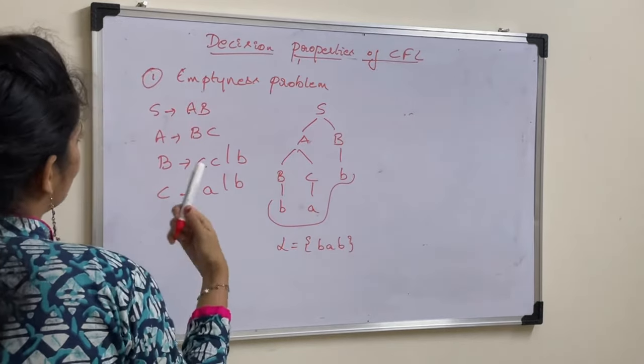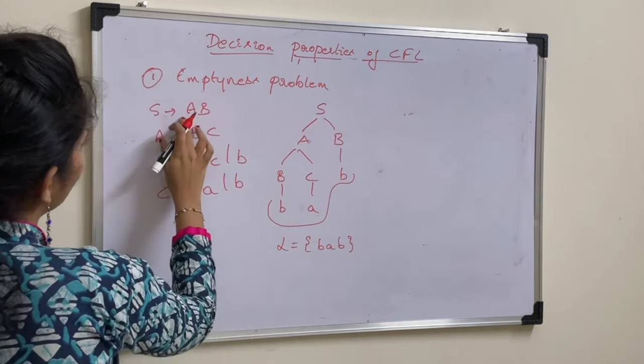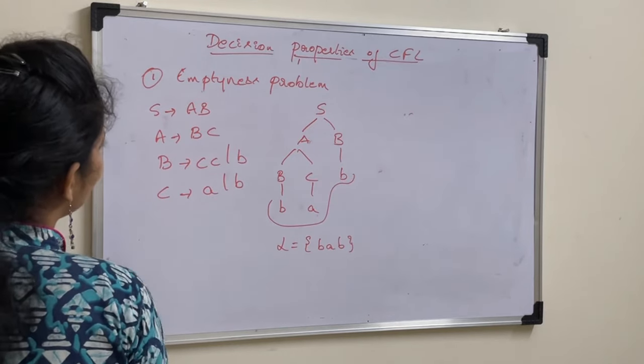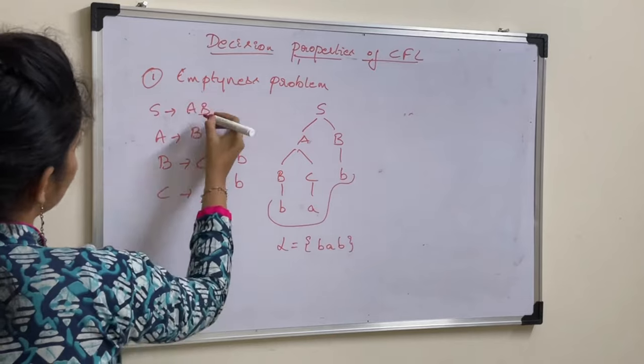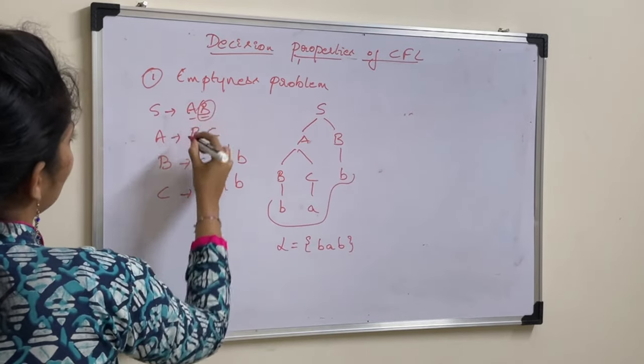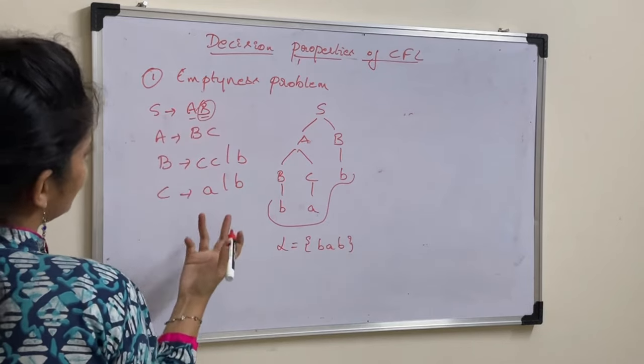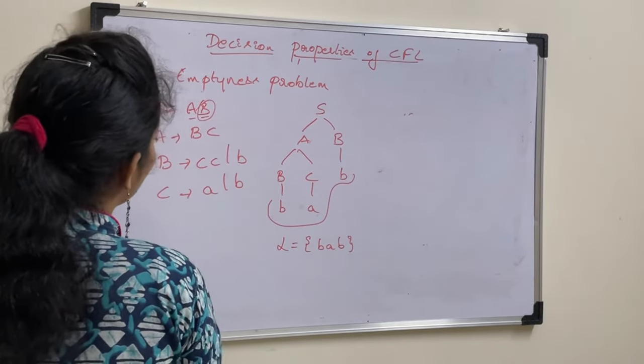How to avoid this problem? We can remove these useless symbols from the given grammar. If they are associated with the terminal present in the start production, then that definitely produces an empty language.